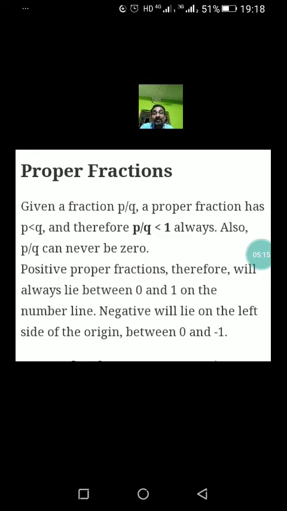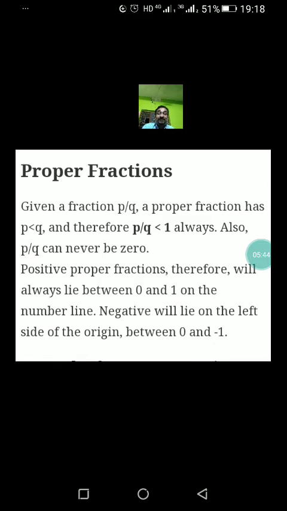It means in a fraction, if the denominator is greater than the numerator, then that fraction is a proper fraction. And a proper fraction is always less than 1. Also, p by q can never be 0.